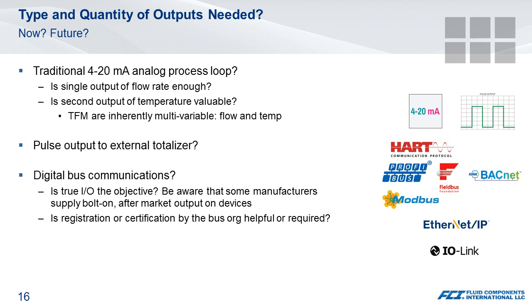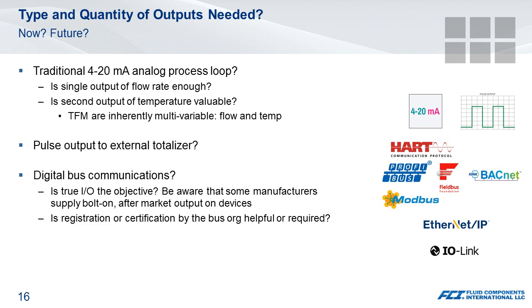And last but not least, is the ability to change the output type now or in the future an important attribute? Is the customer, is the installation perhaps going analog now but looking to go to a digital bus in the future? It'd be important to specify that now. And do you want that bus communication in the product now?